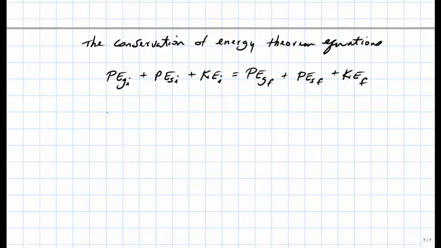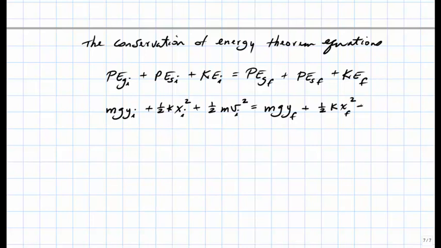The working equation looks like this. And of course, all that we have done is we've introduced the expressions for the gravitational potential energy, the spring energy, and the kinetic energy representations.